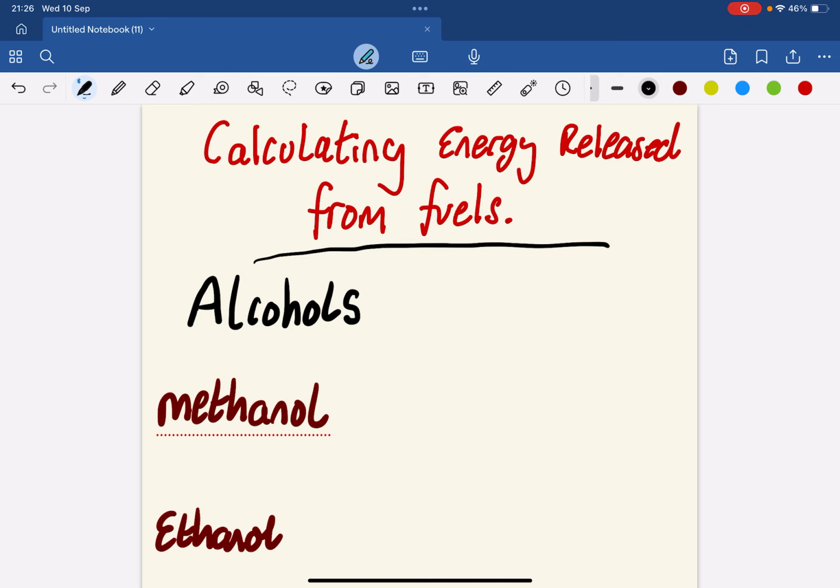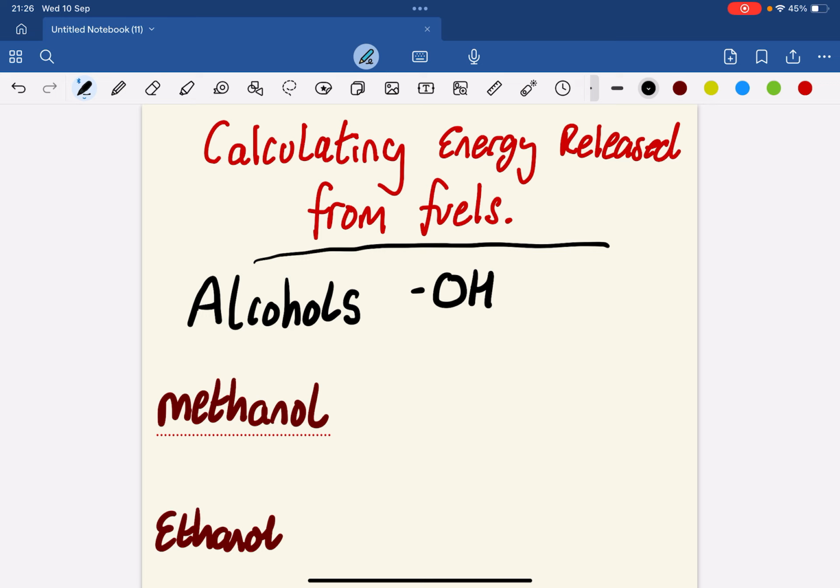So we have to know a little bit of background of alcohols, and you should know, especially if you are post-16 and you're in sixth form, that alcohols have got, as a revision, a functional group of OH. So it's an oxygen and a hydrogen.